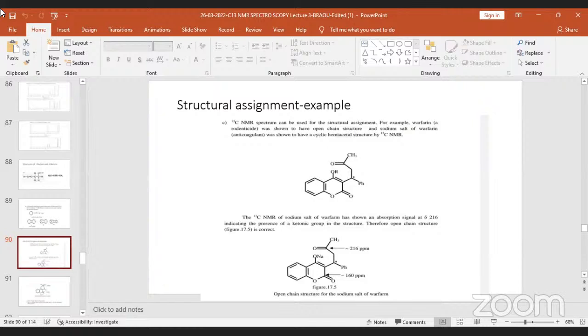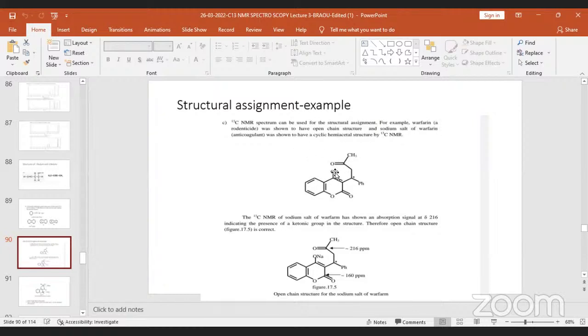That's how we normally think. But in this special case, due to the tendency of reactivity of these groups, sodium warfarin is not the same as warfarin.